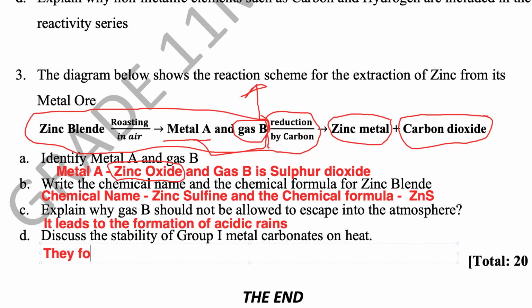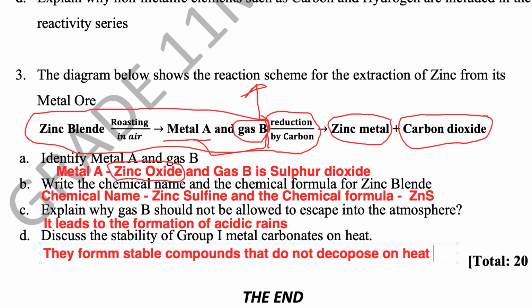They form stable compounds that do not decompose on heat. If you are to explain more, you can even say except for lithium. Remember, why have we brought out these exceptions?